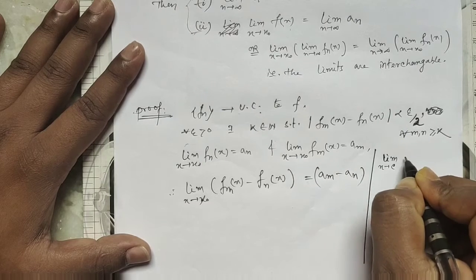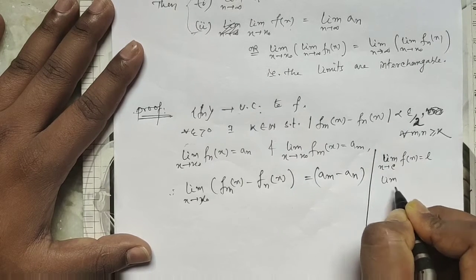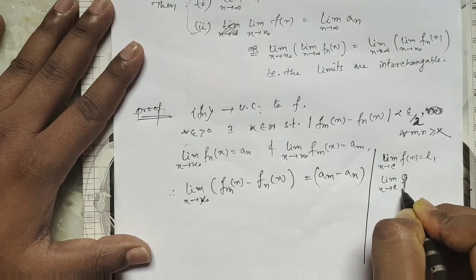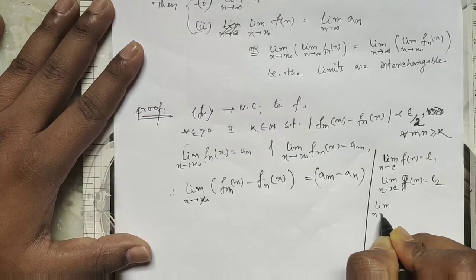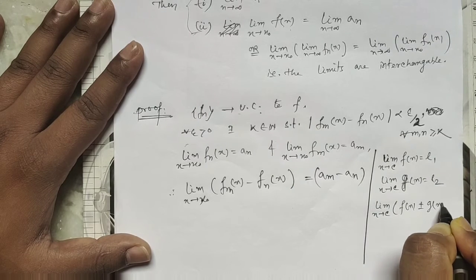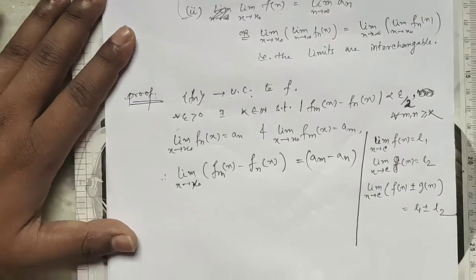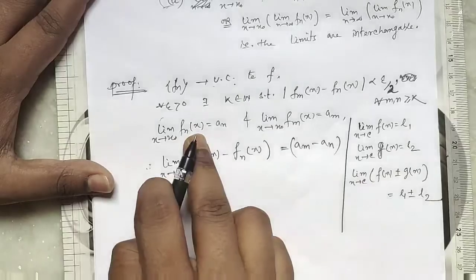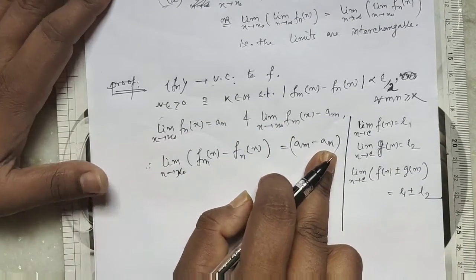Because if limit as x tends to c of f(x) equals l1 and limit as x tends to c of g(x) equals l2, then limit as x tends to c of f(x) plus or minus g(x) equals l1 plus or minus l2. So this limit is a_n, this limit is a_m, so the difference is a_m minus a_n.